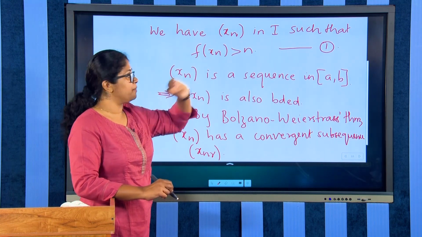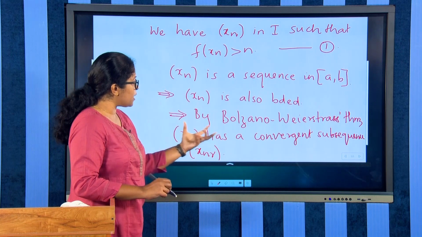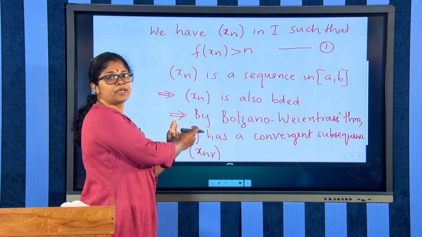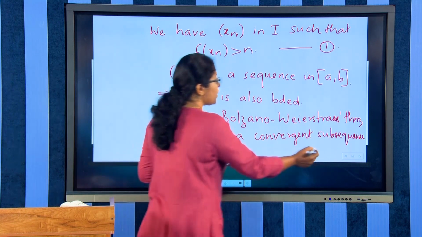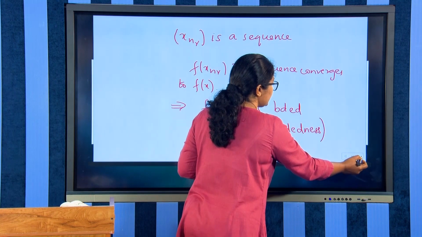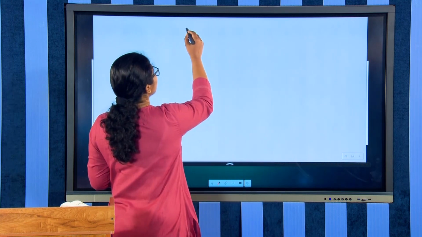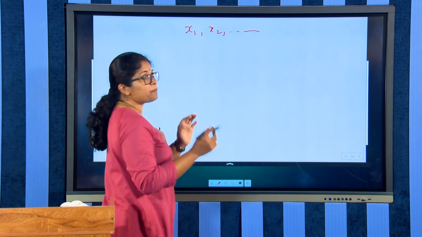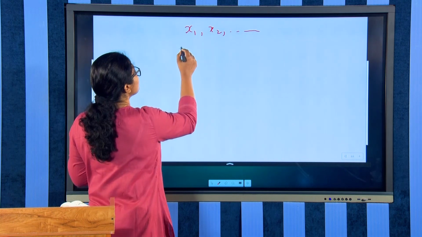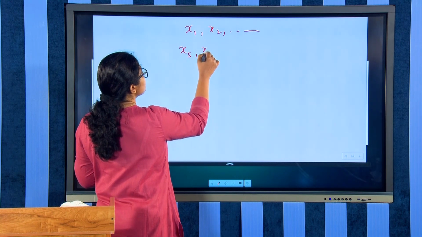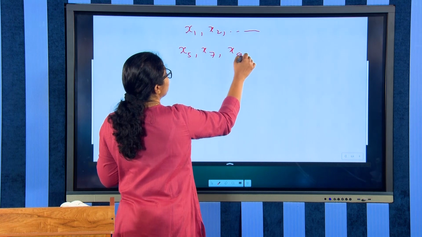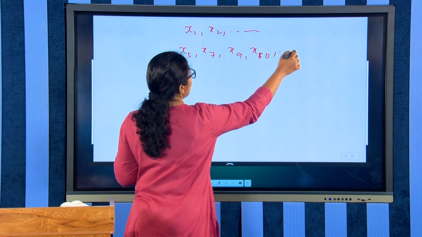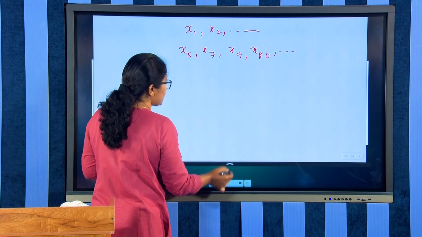greater than n. And this xnr, where does it come from? It is a subsequence of this xn. So, if you have a sequence x1, x2, etc., the subsequence may be something like starting from x5, x7, x9, x11 or x10, like that. x8 cannot come after x9.